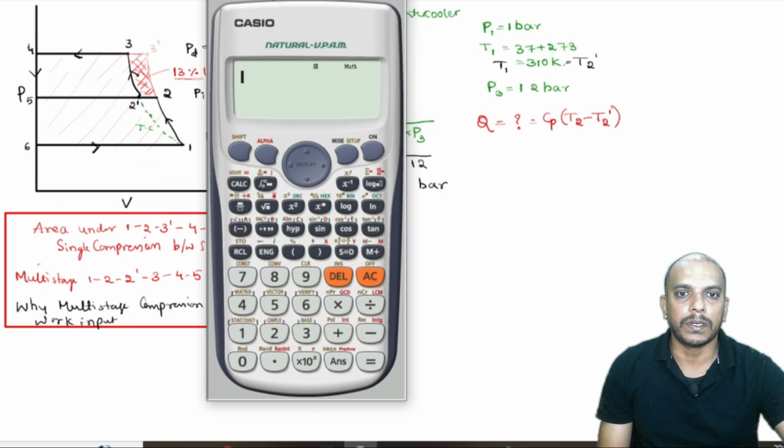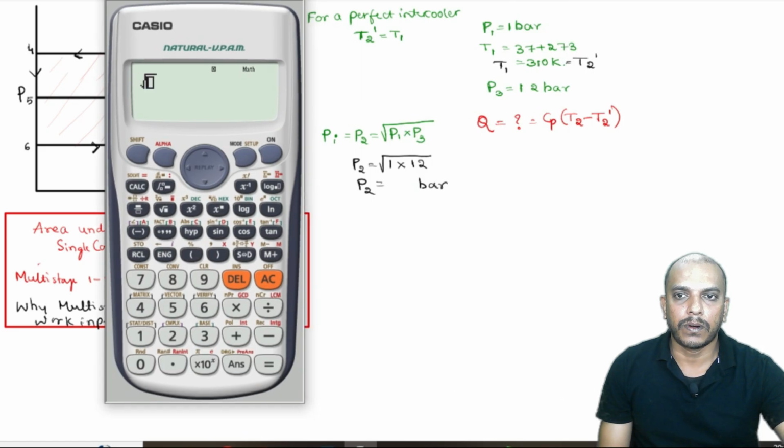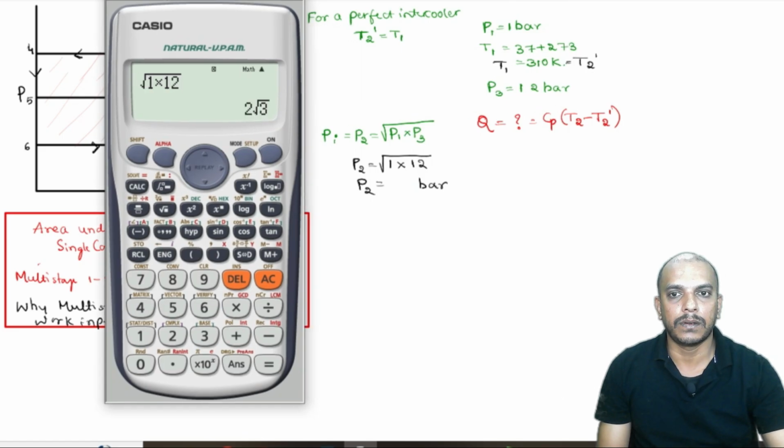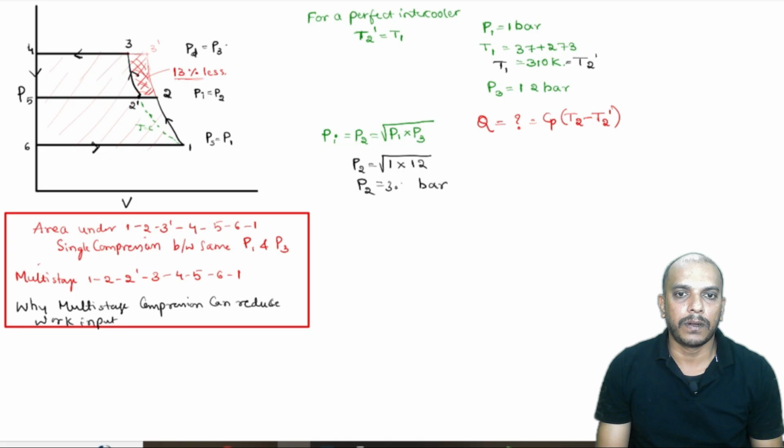Let us solve this equation. Square root of 1 into 12, so that is 3.464 bar. That will be our intermediate pressure P2.